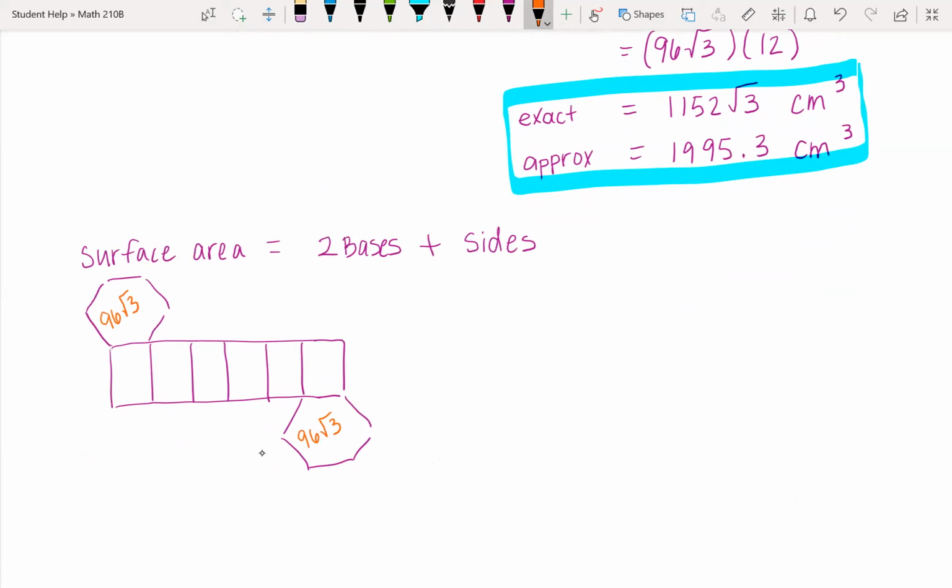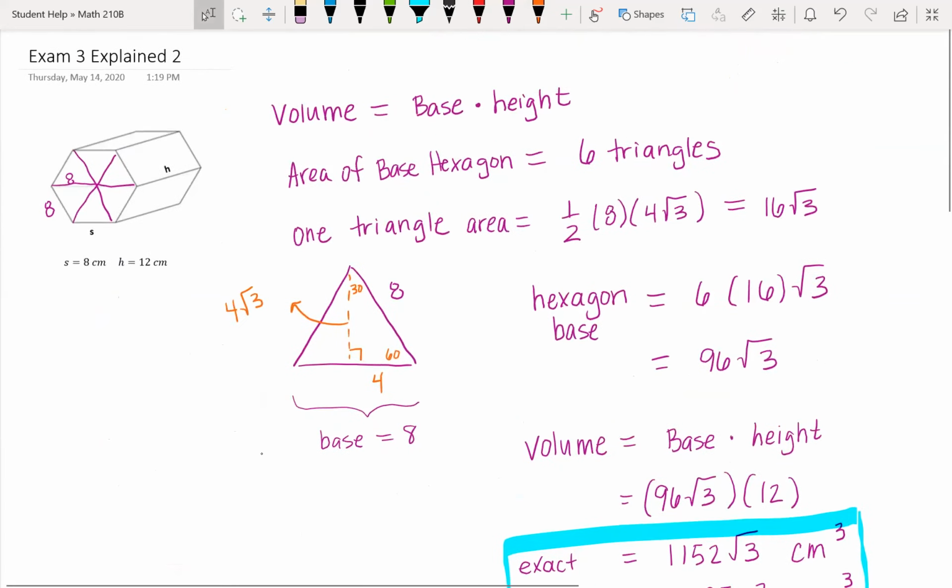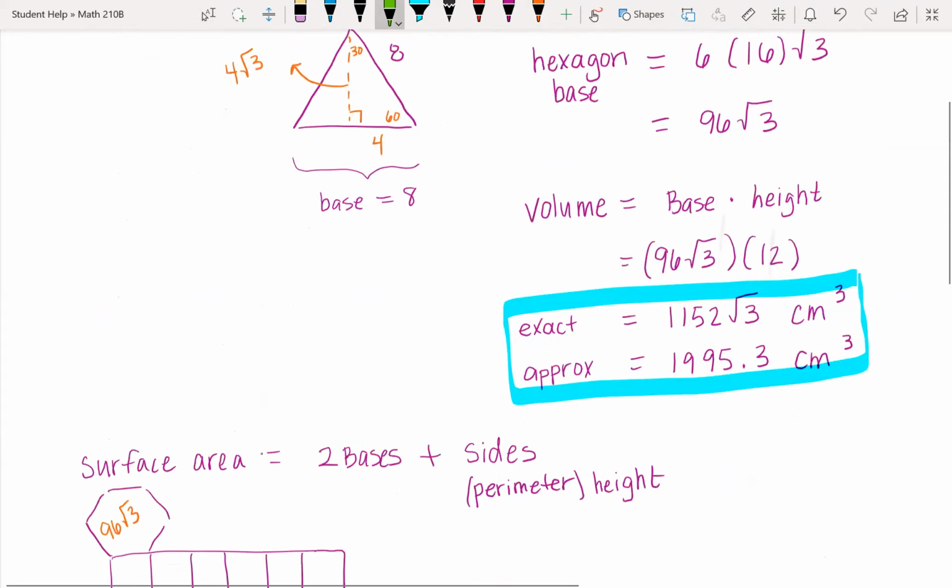And the sides are going to be the perimeter of the whole hexagon multiplied by the height of the prism. So what I'm saying is that, let me erase this, all of the sides together is going to be, if I took this whole perimeter and then multiplied it by that height, that's going to be this rectangle.